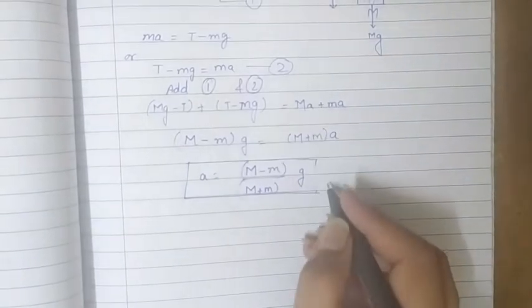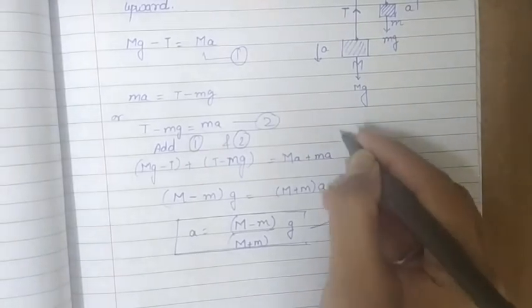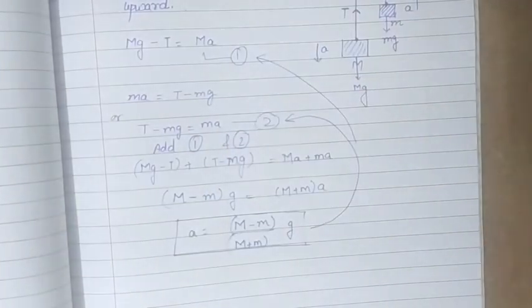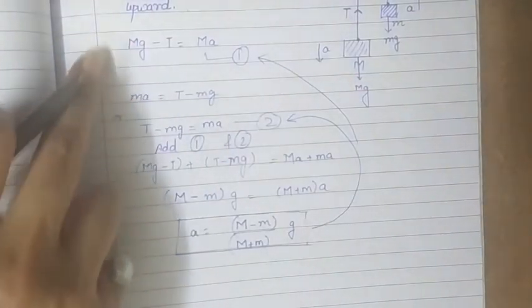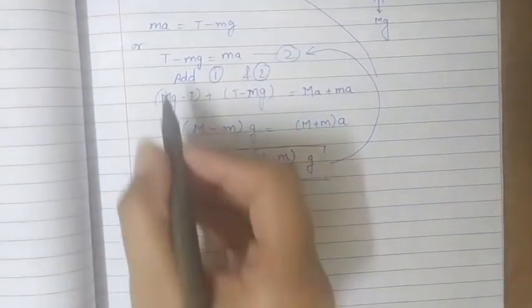Now once we find acceleration, we can find tension also by substituting this value in either equation number 2 or equation number 1. By putting the value of a in any of the equations, we can find the value of T. I am substituting it in equation number 2.